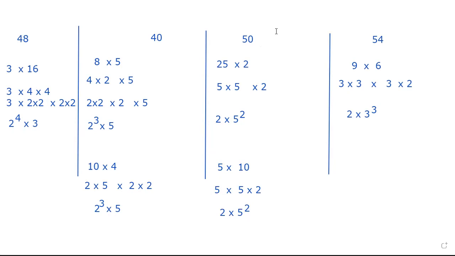So that won't make a difference because the prime factorization is unique. Okay, so in the end, you're going to get 1. Now, the way that we get there is not unique, but the prime factorization, our final way that we write it out, is unique.